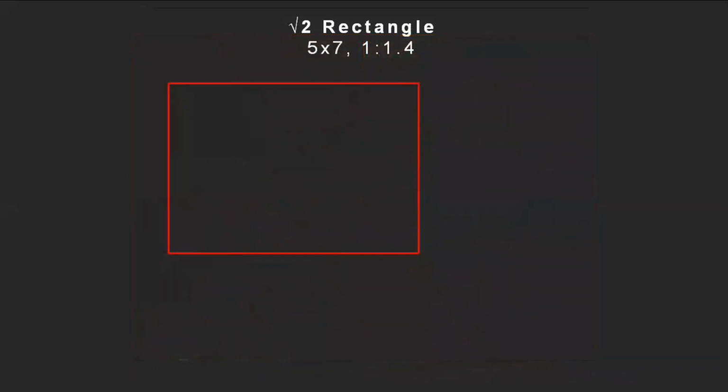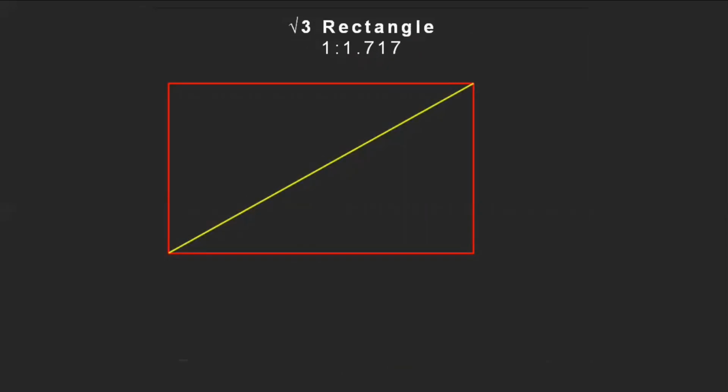If I take that root 2 rectangle and find the diagonal and drop that diagonal down, then I'll have a root 3 rectangle, which creates a proportional relationship of 1 to 1.717. In each of these root rectangles, when you find the diagonal and the transverse of that diagonal, as we've already established, the place where that transverse intercepts the line of the original format is where you'll find the proportional break.